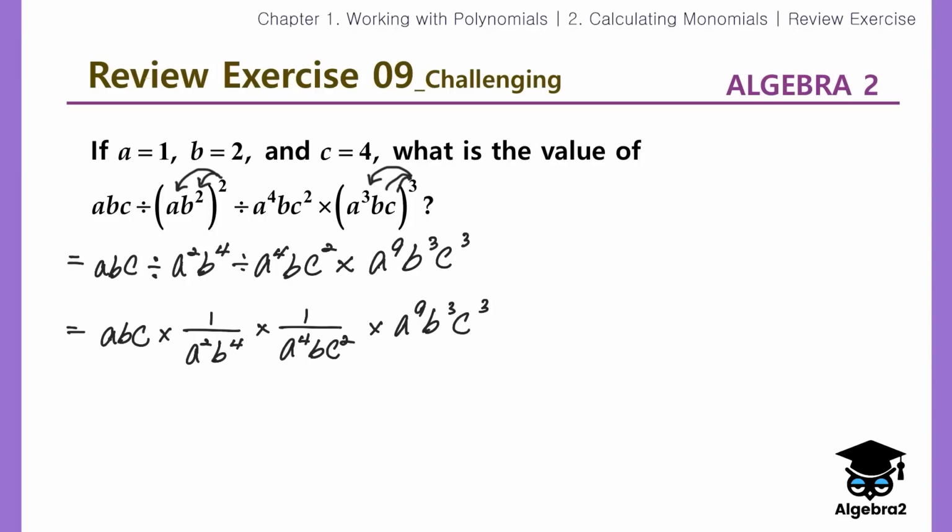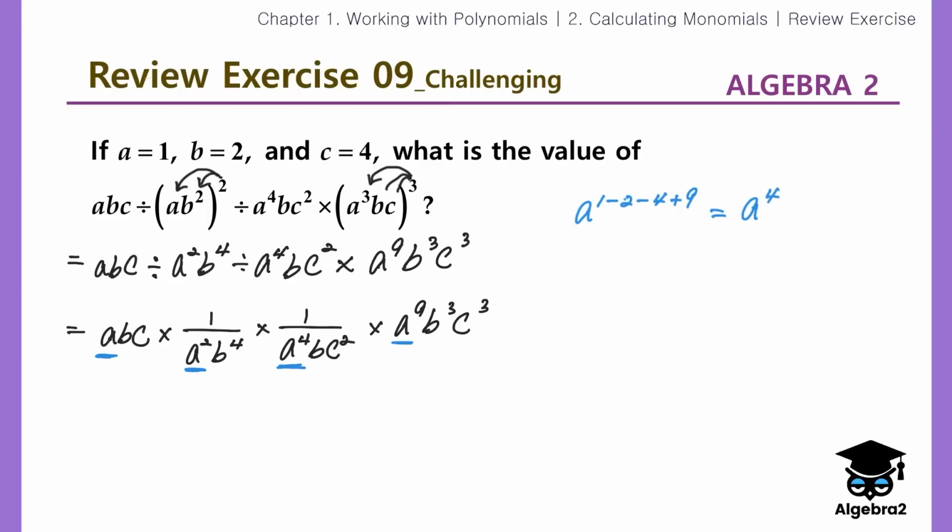Okay, let's simplify this. We have a, 1 over a squared, 1 over a to the 4, a to the 9, right? So let me write right here, a to the 1 minus 2 minus 4 plus 9, right?